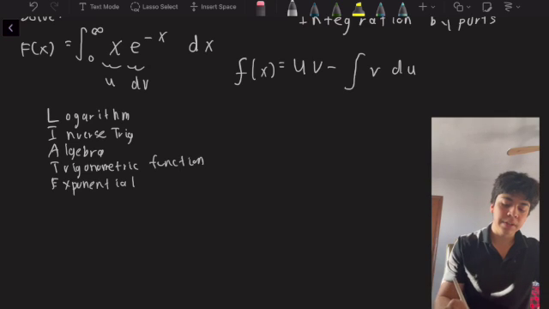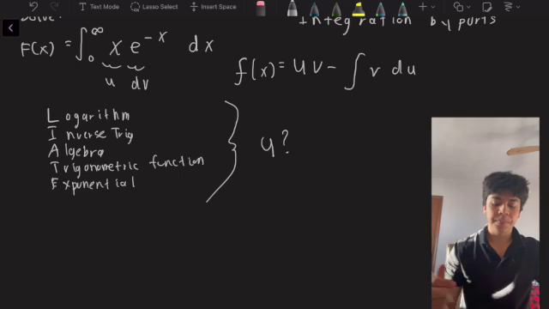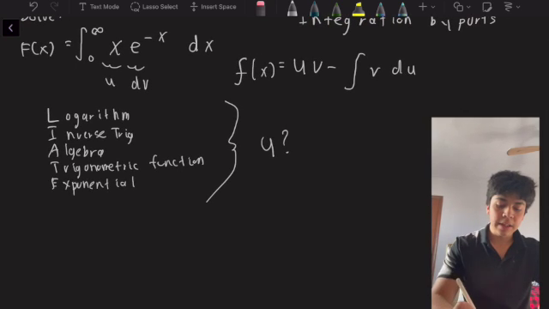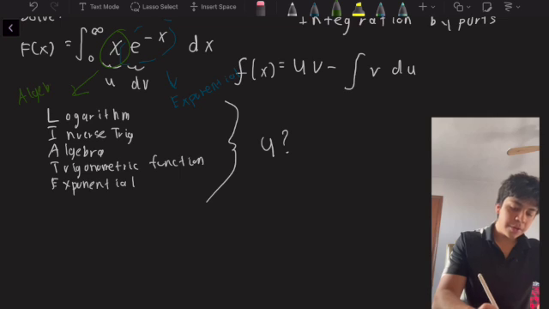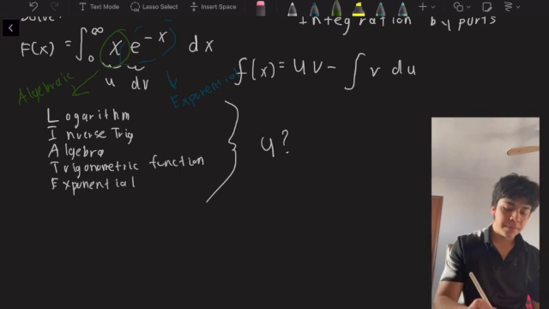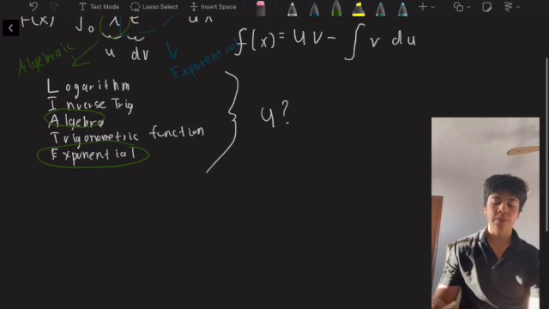So this one specifically tells you which function should be u. So as we can see, this is an exponential function, and this is an algebraic function. Therefore, because algebraic functions are above exponential functions, we're going to want to let u equal x.